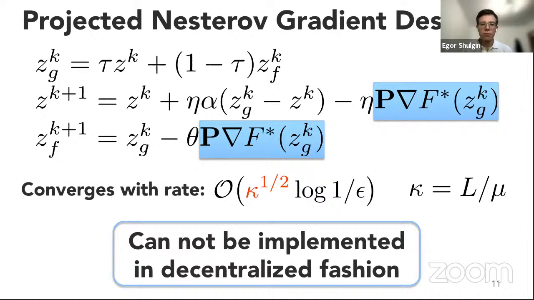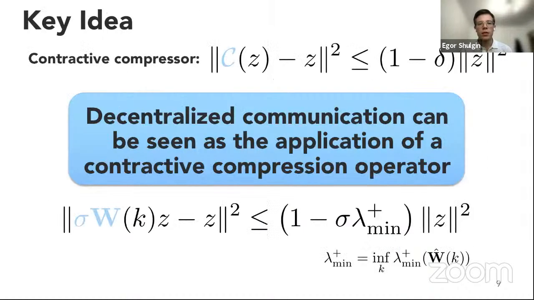And the key idea of our work, which helps to solve this issue, is that decentralized communication can be seen as the application of a specific contractive compression operator. So the contractive operator is defined here. And this is a standard thing for distributed optimization. And Rustem also said a few words about it.